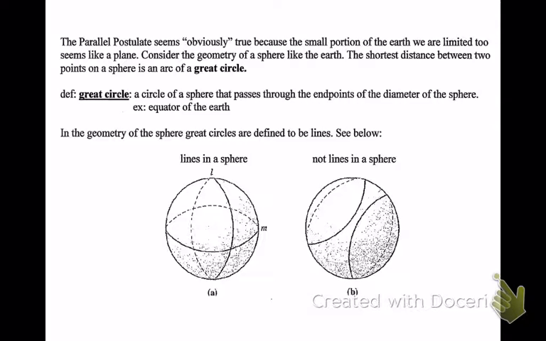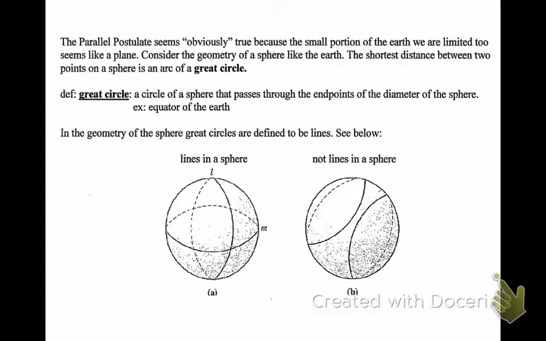The parallel postulate seems obviously true because the small portion of Earth we are limited to seems like a plane. Consider the geometry of a sphere like the Earth. The shortest distance between 2 points on a sphere is an arc of a great circle.